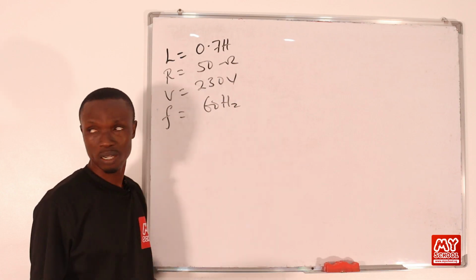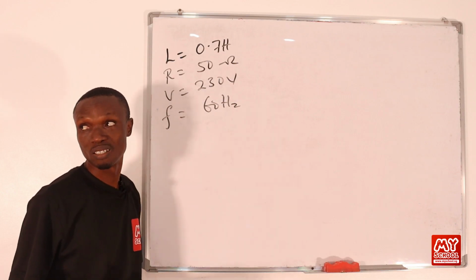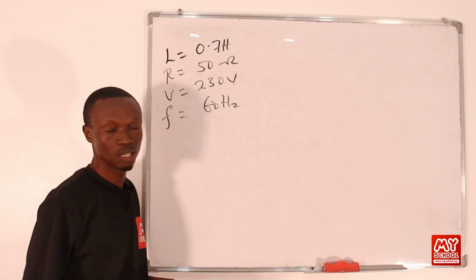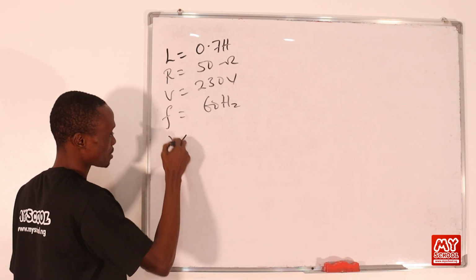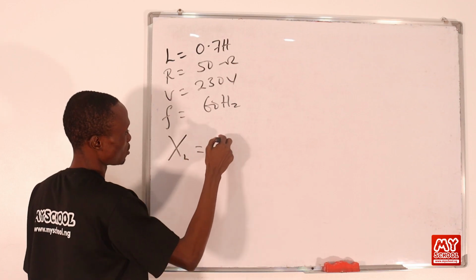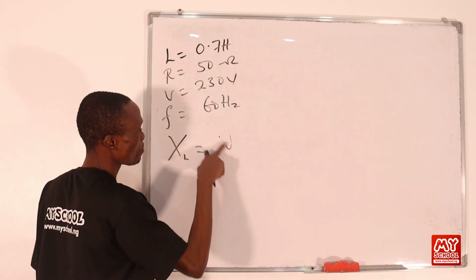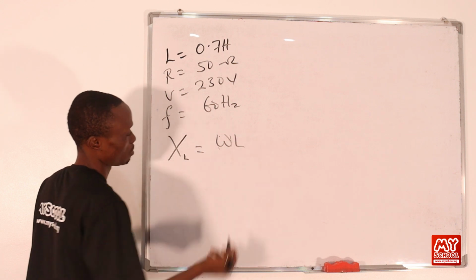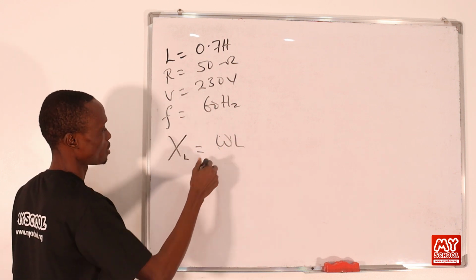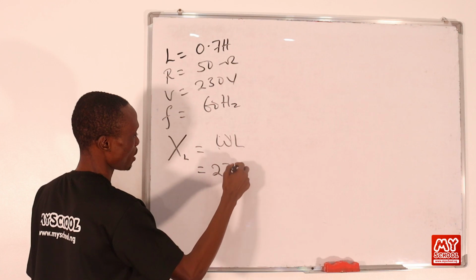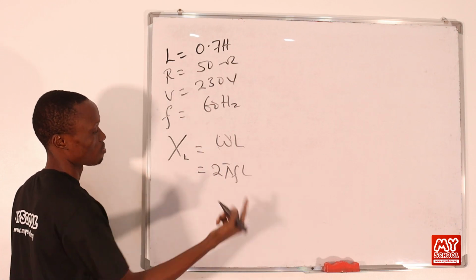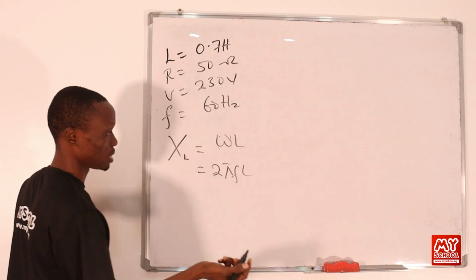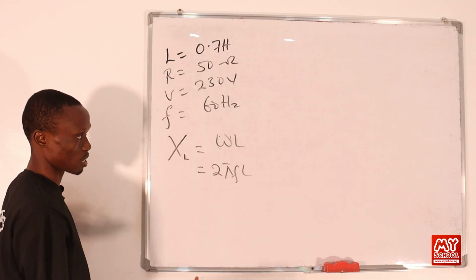But remember, we are asked to calculate the reactance of the inductor, and we know that the reactance XL is given as omega L. Remember that omega is equal to 2 pi f, so that XL is equal to 2 pi fL. The next step is just to substitute the values given to us.